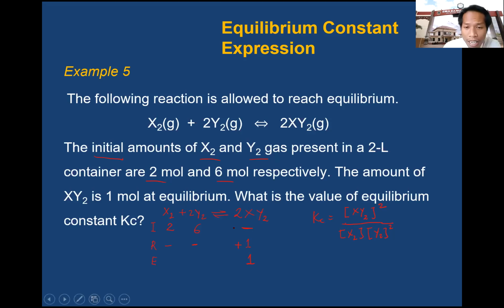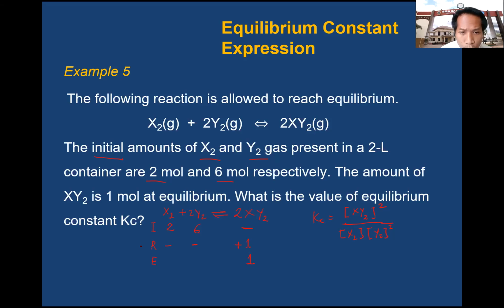Now it is very easy. If you already know one of the R, for example XY2 is already known here, plus 1, then you can find the other values by looking at the ratio of the coefficients: 2 XY2, 2 Y2, and 1 X2.